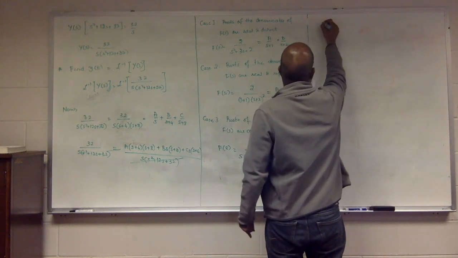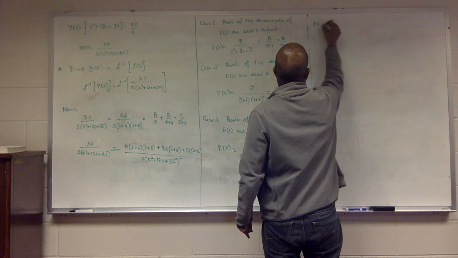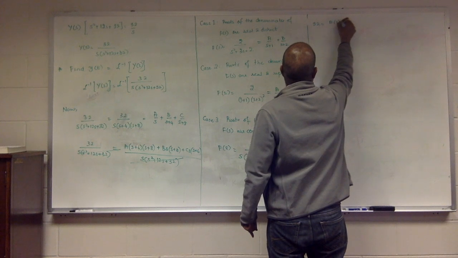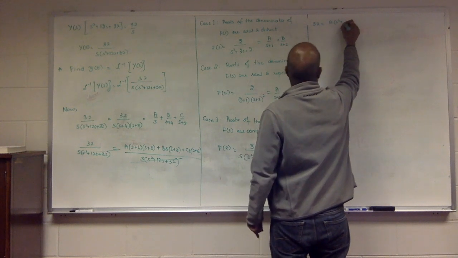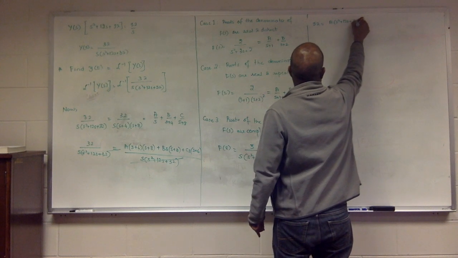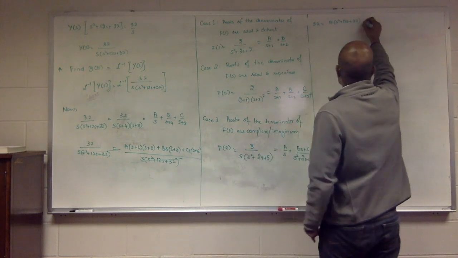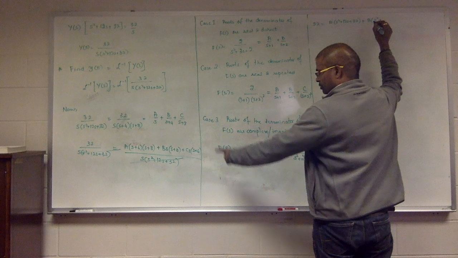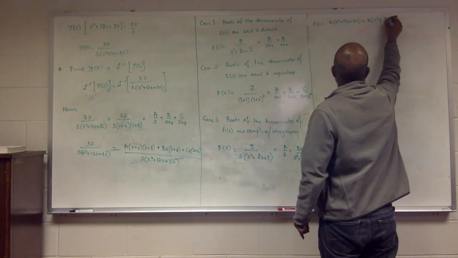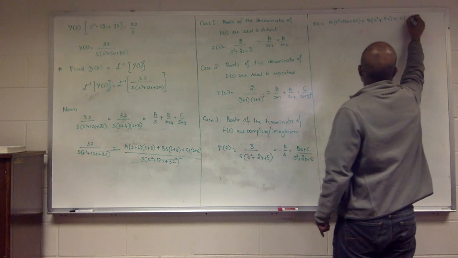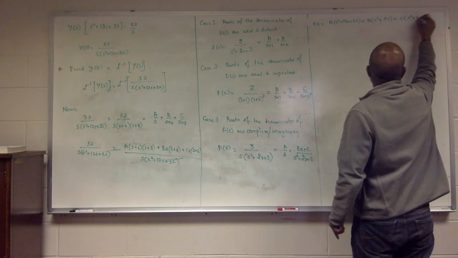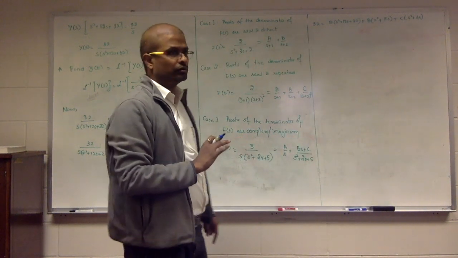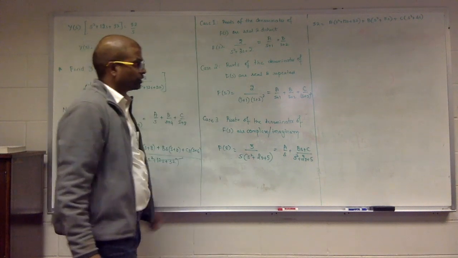So if I solve it, I'm going to get 32 on the left hand side equal to A into s square plus 12s plus 32, plus B into s square plus 8s, plus C into s square plus 4s. You're trying to compare coefficients here.